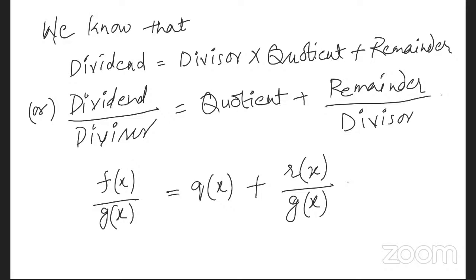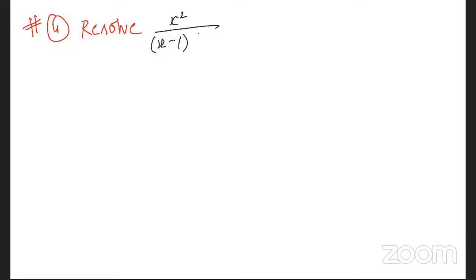Let us take one problem. In the previous class, we've done number 3. We'll consider this as 4. Resolve x square divided by x minus 1 into x minus 2 into partial fractions.